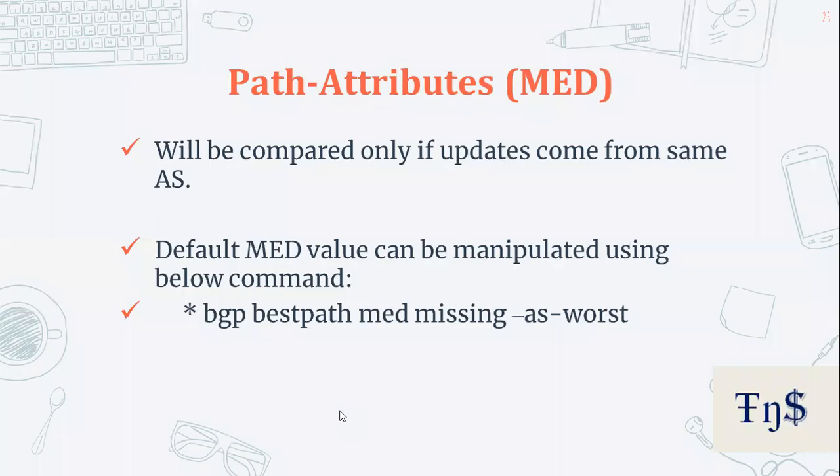It will be compared only if the updates come from the same AS. That condition we have already checked. The default MED value can be manipulated using the below command, so there is one more command that we can use based upon our requirement.